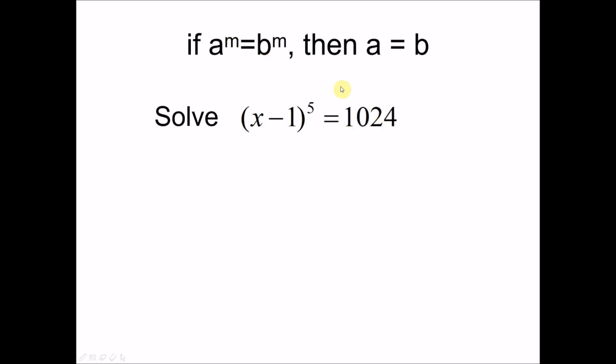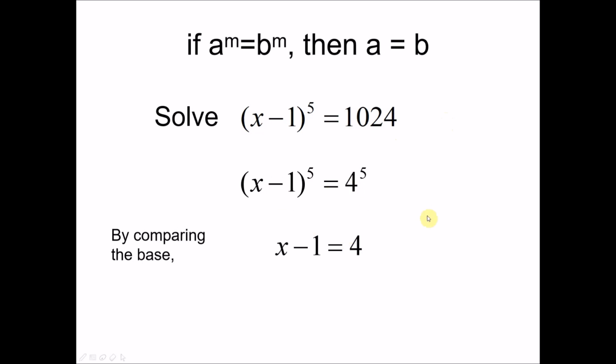If you want to use this relation, you need to change this number into indices with a power of 5, because the indices here are equal. But in this case, use trial and error. You find that 4 to the power of 5 is actually 1024. So when the indices are the same, by comparing the base, x minus 1 equals 4. So x equals 5.